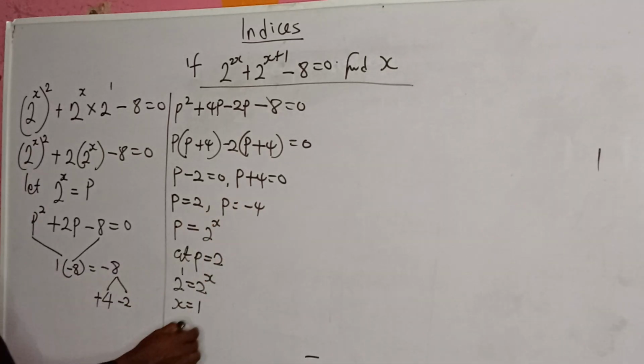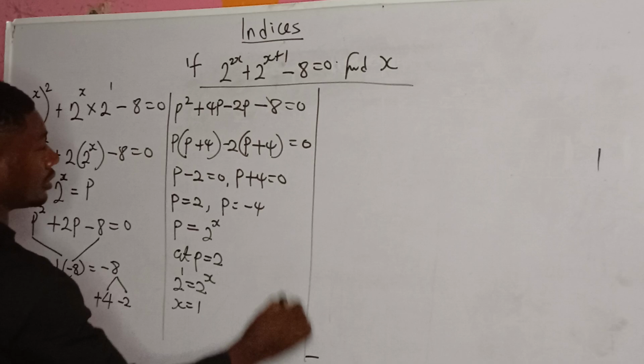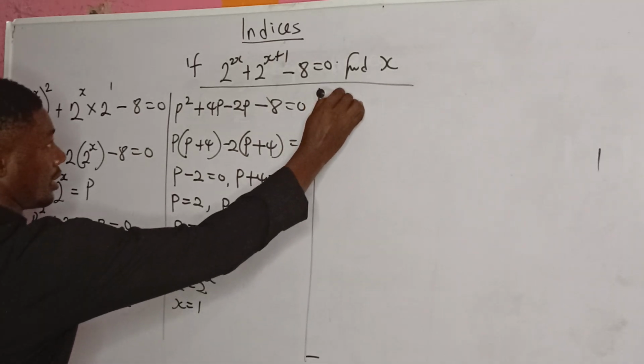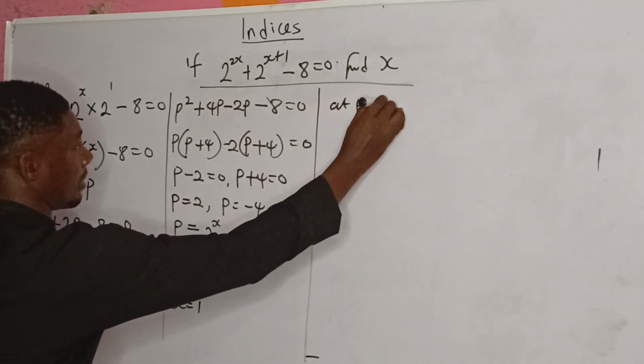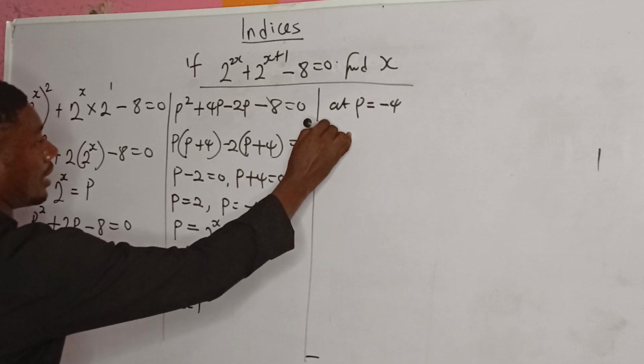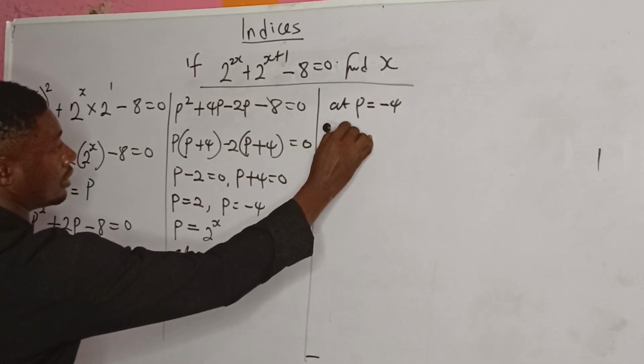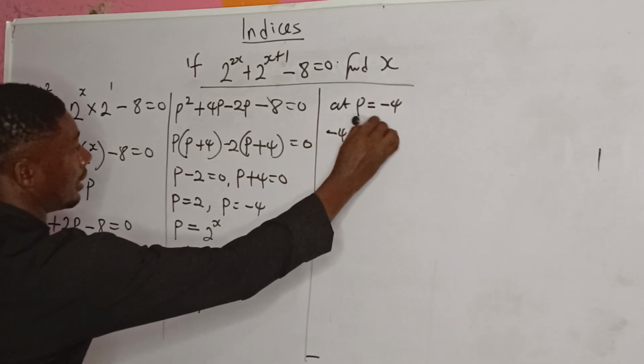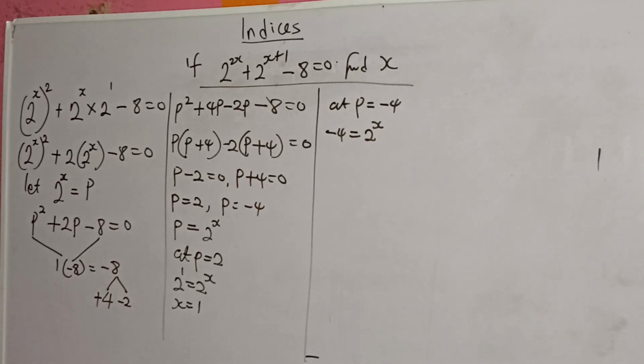This other one is at p equals to minus 4. So we now have minus 4 equals to 2 power x. You can't express minus 4 in base 2. If it is 4, it's 2 power 2.